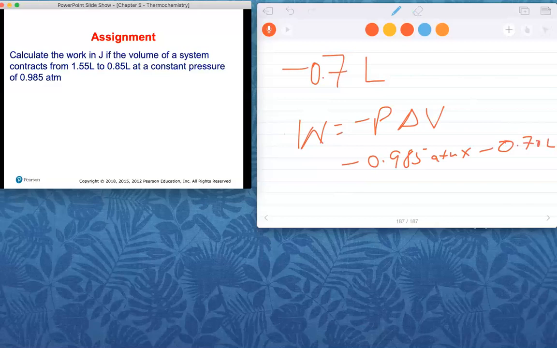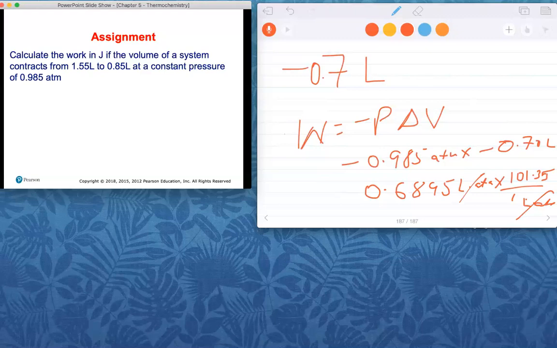If I multiply 0.7 times 0.985, I end up with positive 0.6895 liter-atmospheres. Now multiply by 101.3 joules over 1 liter-atmosphere, so the units cancel out.